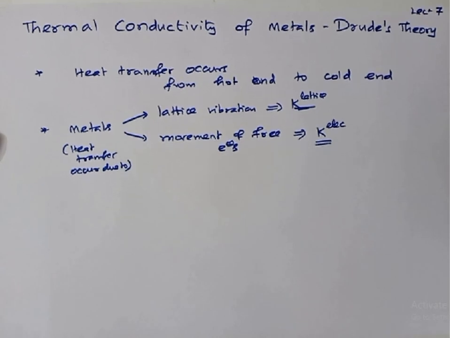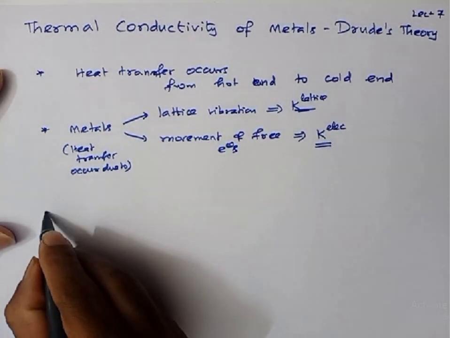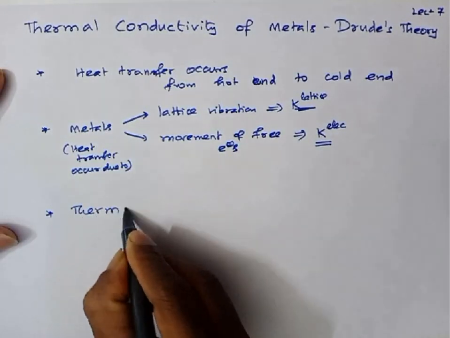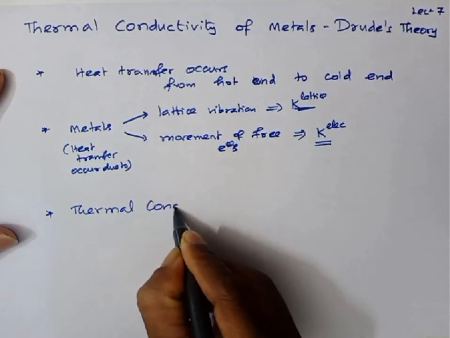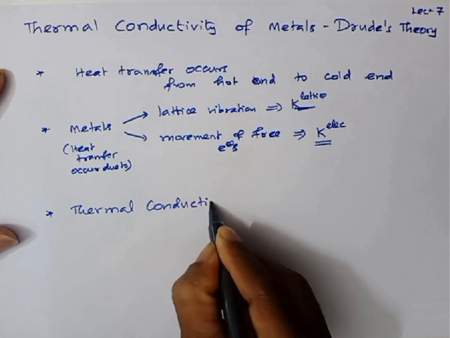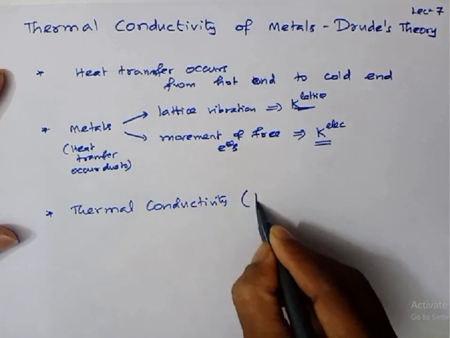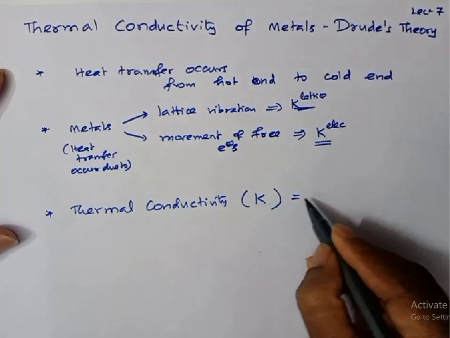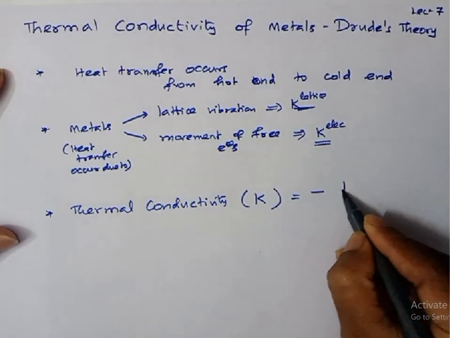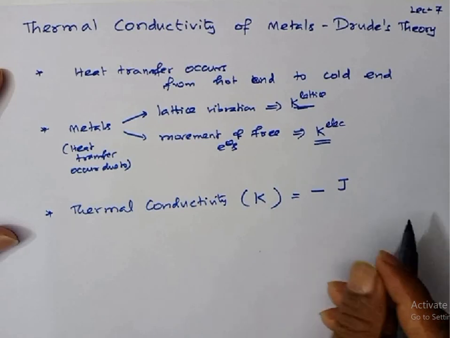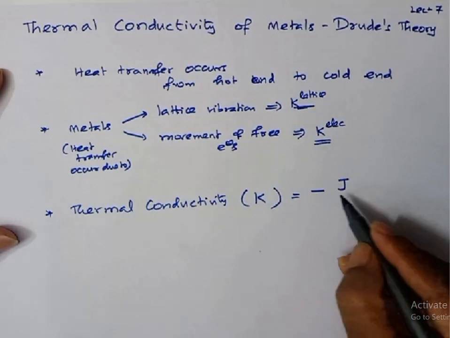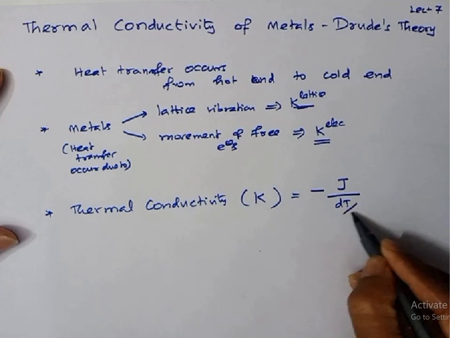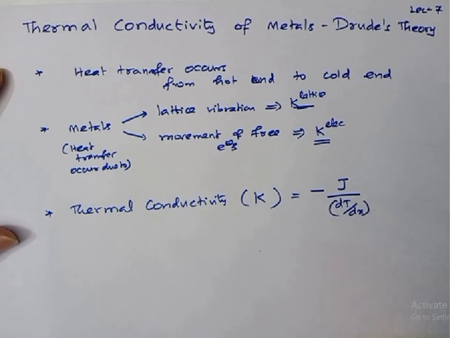Then what is the definition for thermal conductivity? Thermal conductivity is denoted by the symbol K. Thermal conductivity in general is defined as minus the heat flux at a given location divided by the temperature gradient near that location.